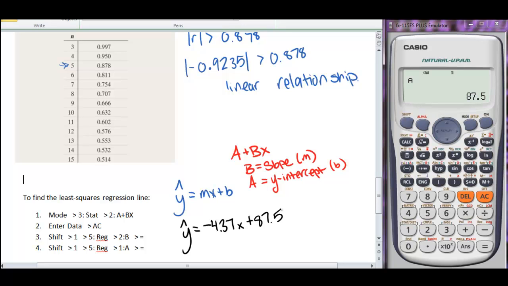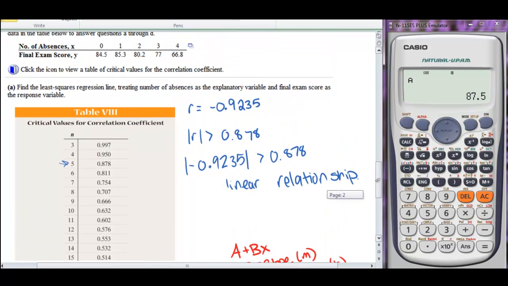Next, let's talk about what this slope means. So if we come back up here and look at what we're talking about, we're discussing the number of absences, and this is impacting the final exam score. So if we were to graph this, we would have our absences down here and our score over here.